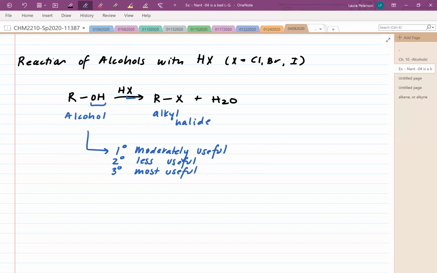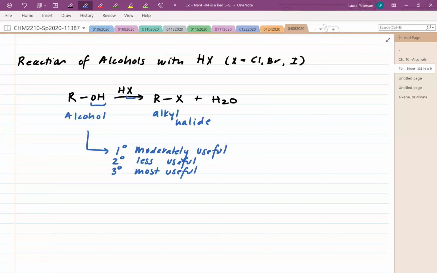Because for an SN1 mechanism, primary is bad, secondary is okay, tertiary is good. For SN2, it would be the opposite, where tertiary is bad, secondary is okay, and primary is good. So what is this trend where it's good, bad, good?